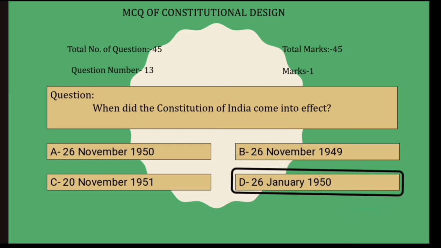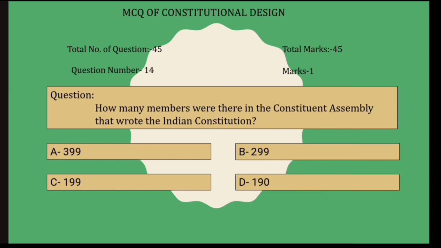Correct option is D. 26 January 1950. Question 14. How many members were there in the Constituent Assembly that wrote the Indian Constitution? Option A. 399, B. 299, C. 199, D. 190. Correct option is B. 299.